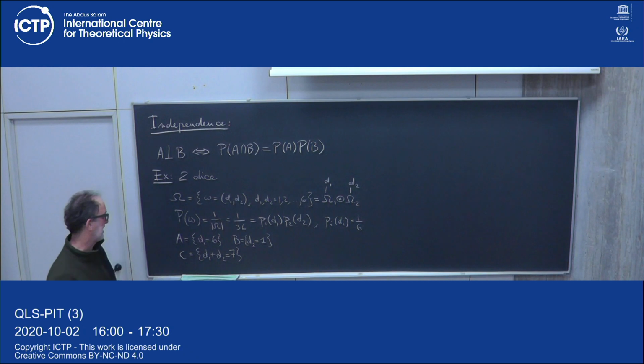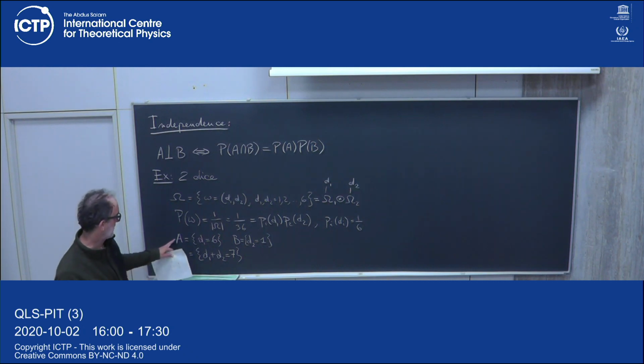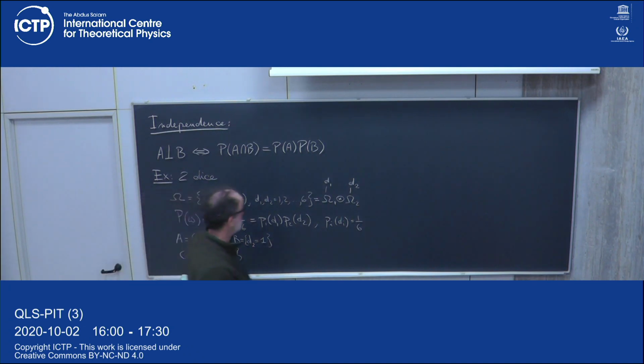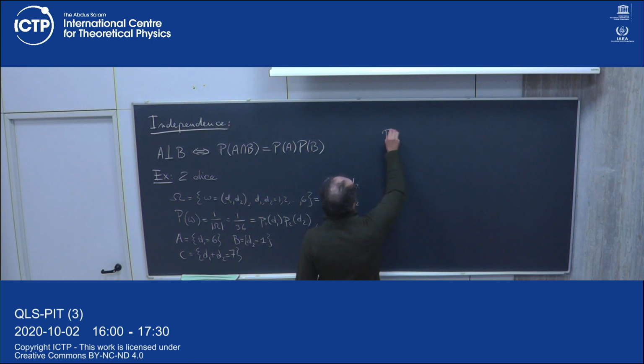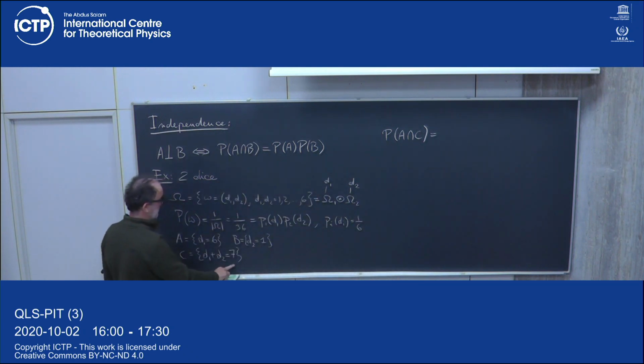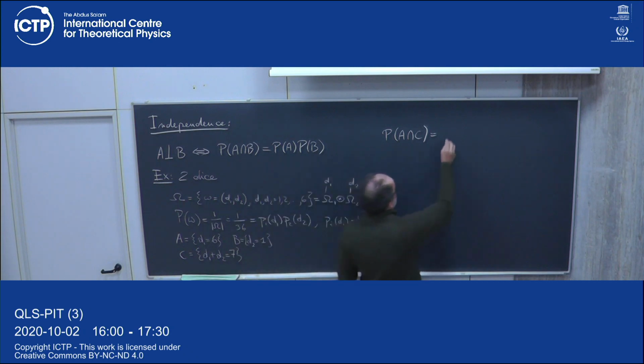Now it is not exactly clear whether, for example, events A and C are independent. In order to check whether they are independent or not, one has to do the calculation. Okay, so let us compute the probability of A intersection C. If D1 is equal to 6, then D2 must be equal to 1, so it's 1 over 36.